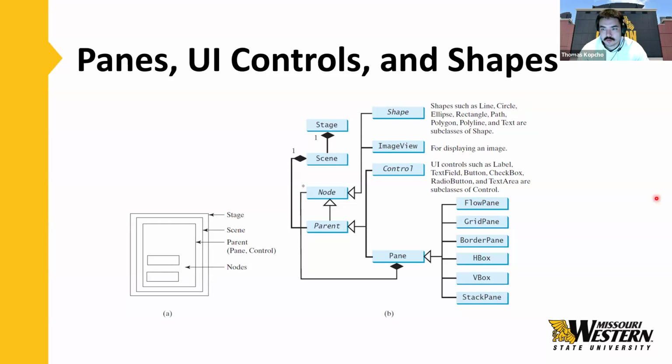So yeah, each UI element, whether a pane, layout pane, control, shape, or image view, is a node in the scene graph. Okay. Layout panes help organize controls or shapes in a visually consistent manner. Controls let the user interact with the application, while shapes and image views provide visual elements. Okay, and all these combine inside a scene, which ultimately gets placed on the stage.